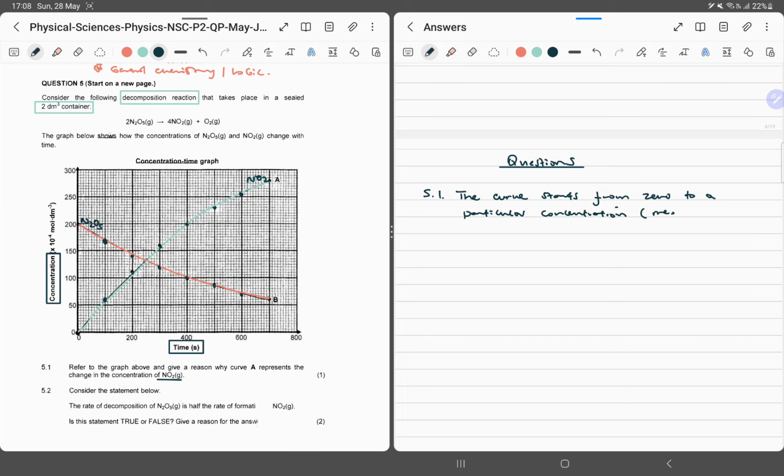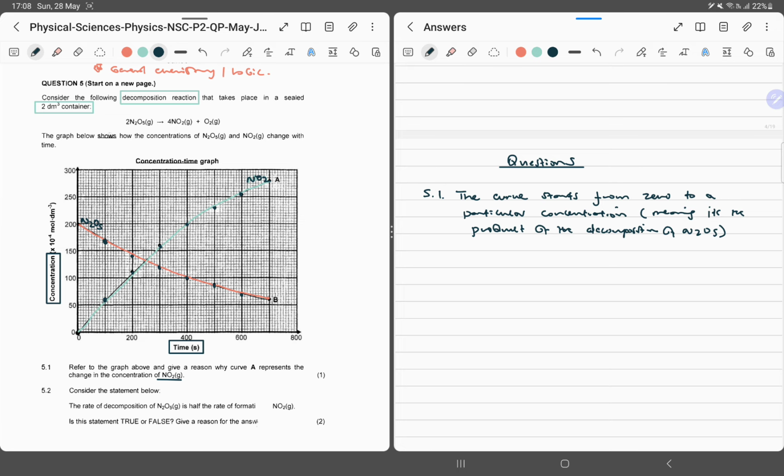Meaning it's the product of the decomposition of N2O5.